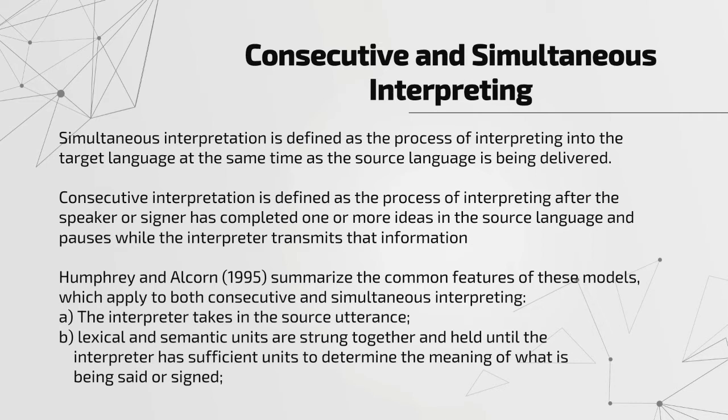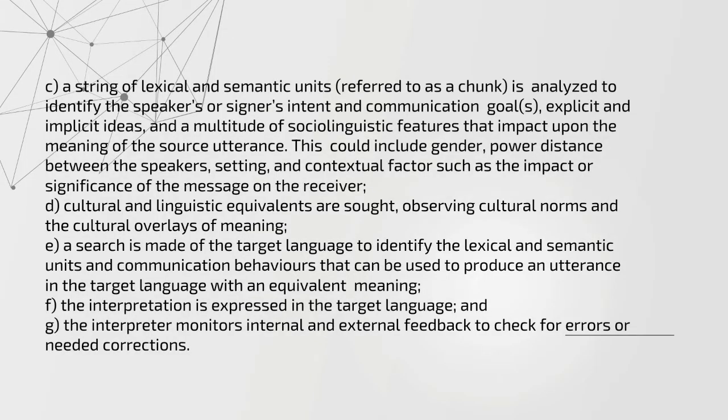First, the interpreter takes in the source utterance, and lexical and semantic units are strung together and held until the interpreter has sufficient units to determine the meaning of what is being said or signed. So this summarizes the common features of these models, which apply to both consecutive and simultaneous interpreting, from Humphrey and Alcorn, 1995.